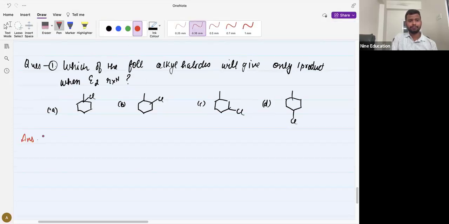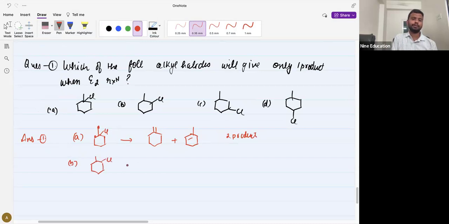First one, see if you have A, here chlorine, it can have three beta carbons, 1, 2, 3, and it can have this product, it can have from here another one, it will be same, so it will have two products. Second one, see if I have this chlorine, I can remove from this side two beta carbons it has, so I can have this product or I can have this product.